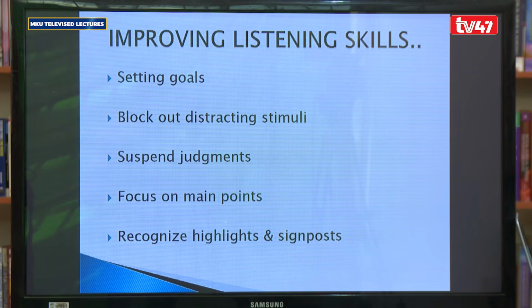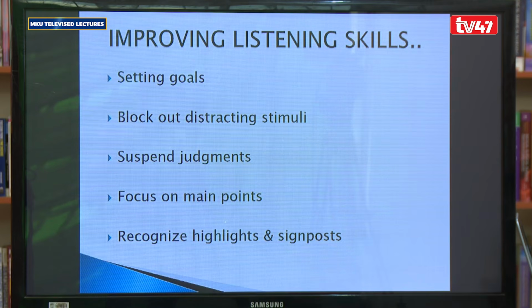So how do we improve our listening skills? How can we become good listeners? Number one, we need to have a goal or an objective. We ask ourselves, why are we listening? So at the beginning of every listening situation, have a goal or an objective that will help you to continue listening.